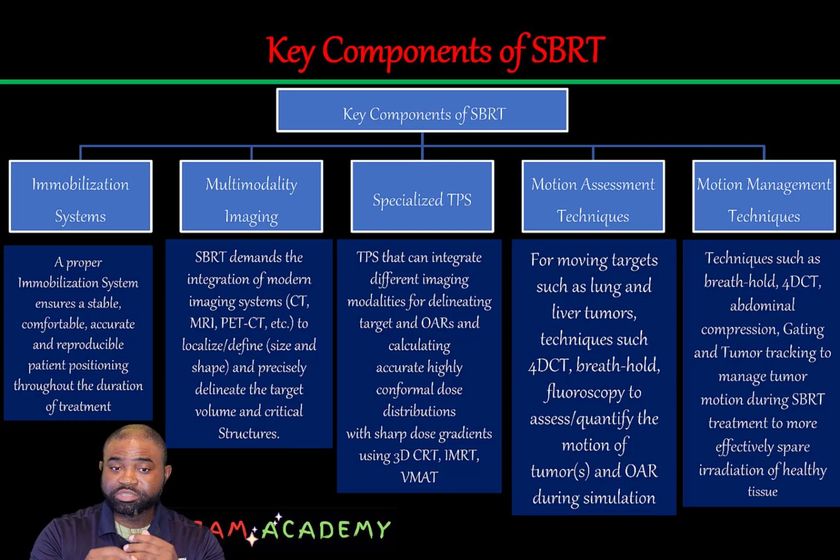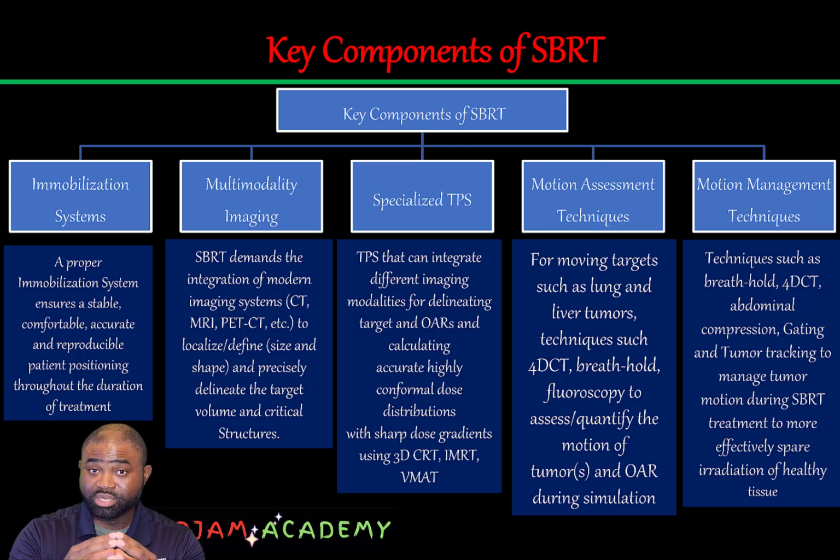Therefore, this process really demands the integration of modern imaging systems, such as CT, MRI, PET-CT, typically used for lung and abdominal cases, to visualize and precisely delineate the target volume and the surrounding critical structures.